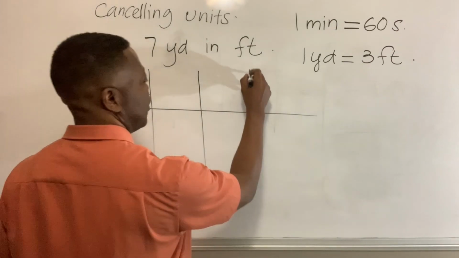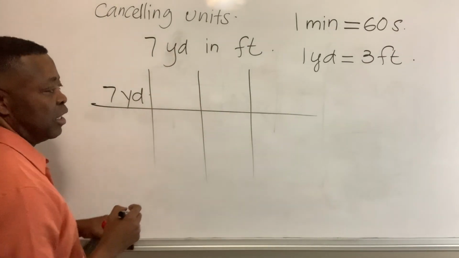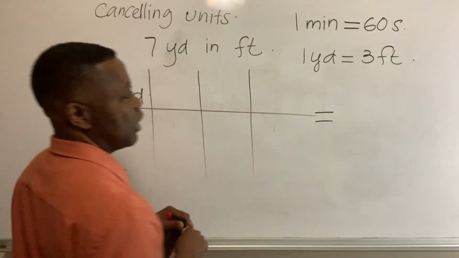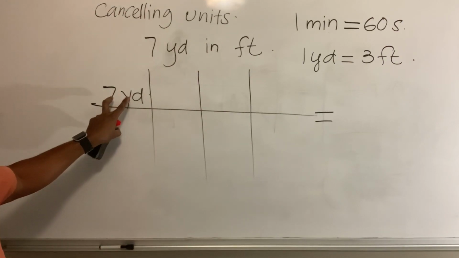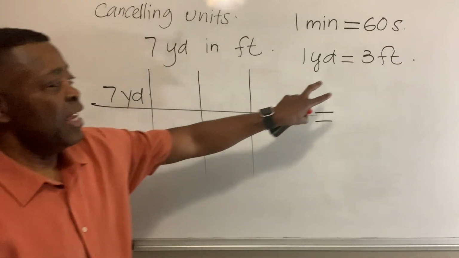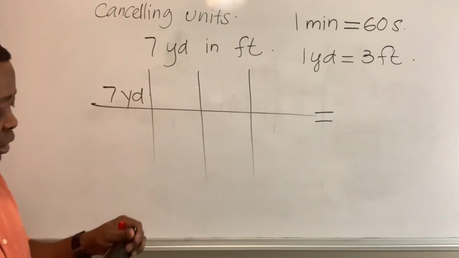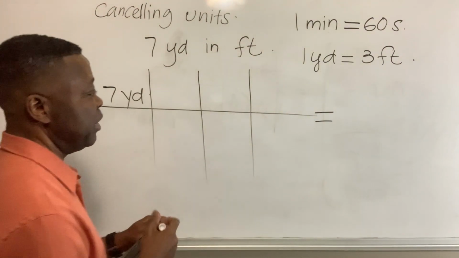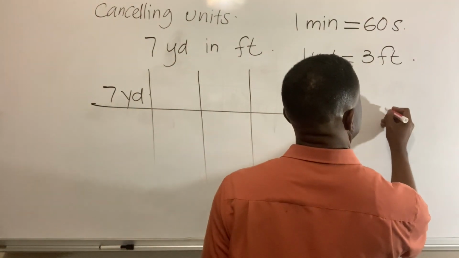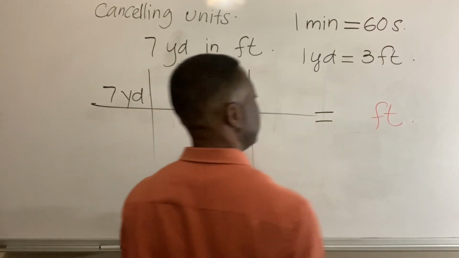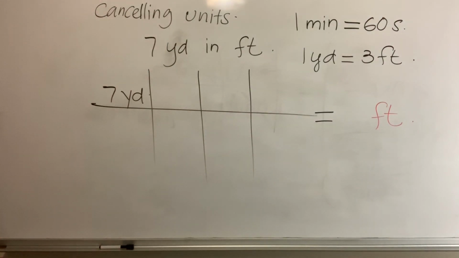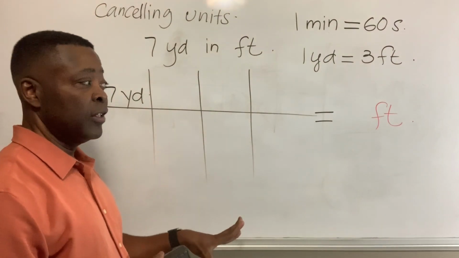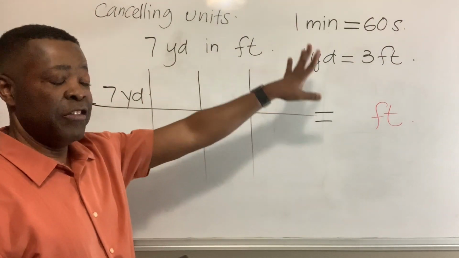I don't even know how many steps I'll take. But I do know I'm going to start with yards and my answer will be in feet. So if my answer will be in feet, I'm going to write this in feet for you. It means I'm going to try to find a relationship that has yards and feet.